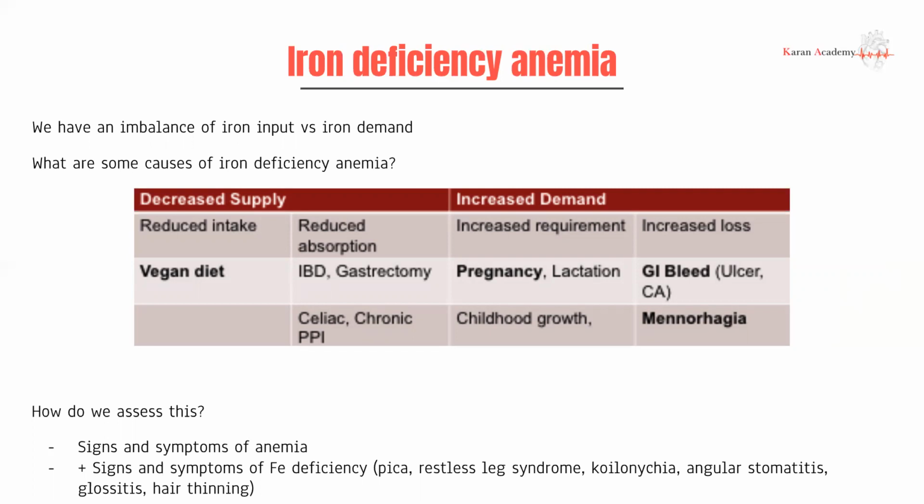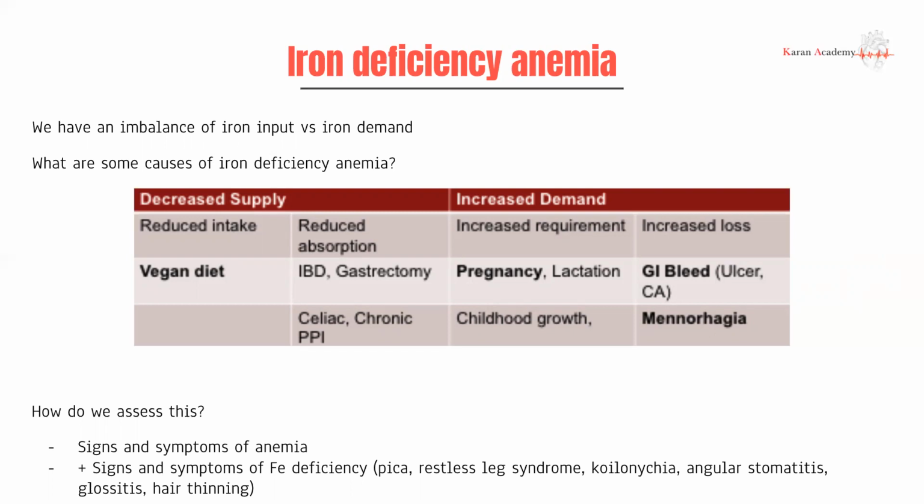You also need to know, when we talk about iron in the diet, there are 2 types of iron. There's iron that's bound to hemoglobin or heme iron, and then there's non-heme iron. Obviously, a vegan diet will have no heme iron because plants don't have hemoglobin. And that's slightly problematic because your body is way better at absorbing heme iron than it is non-heme iron.